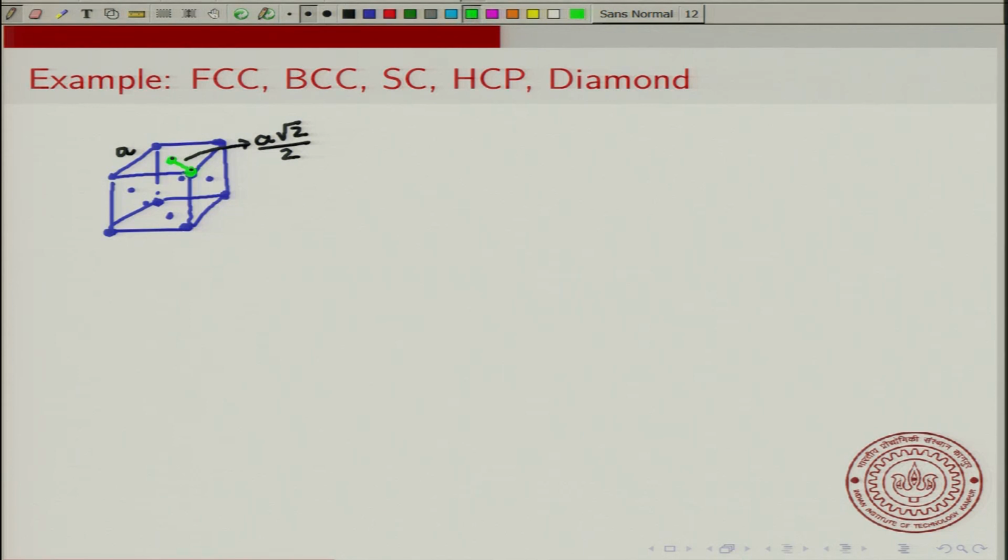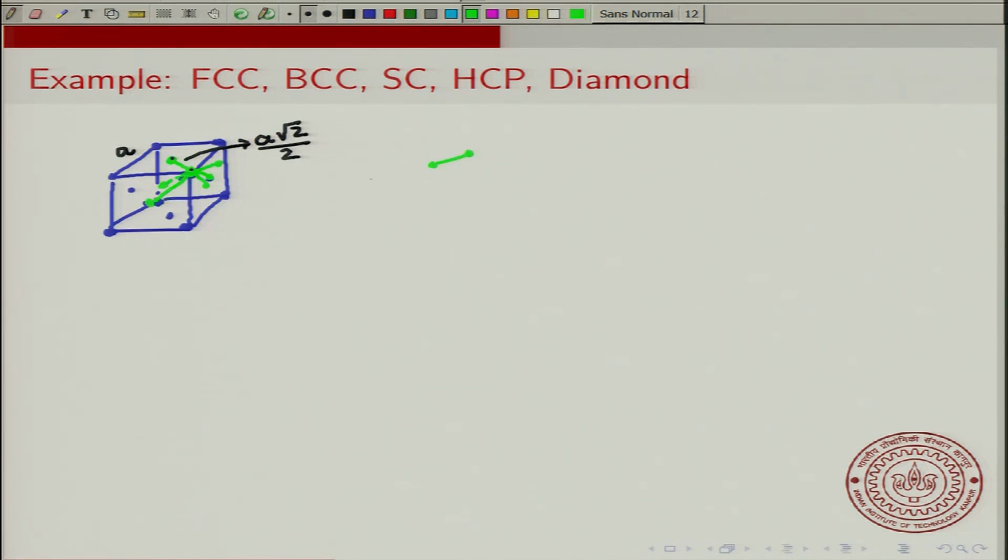Now you can immediately see that there will be one in the same plane, but in neighboring unit cells. Then we also notice that this atom is the same distance away, this atom at the center of this face is also a root 2 by 2 away. Similarly, this atom in the center of this face is also the same distance away.